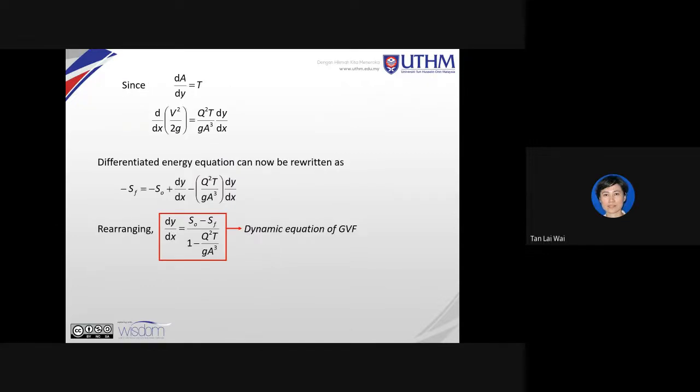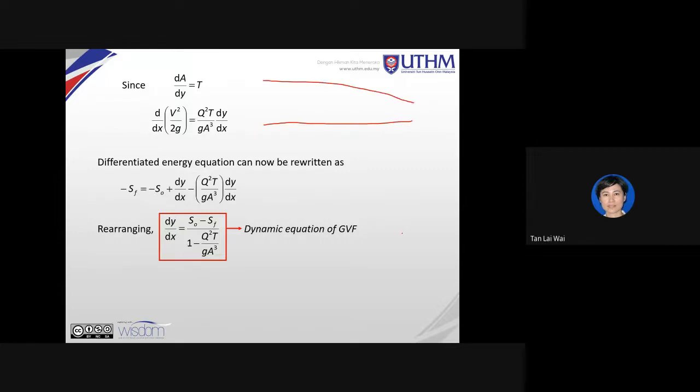Actually, if you go through all the equations and rearrange them, you'll get the dynamic equation of gradually varied flow. Don't worry about this. Now what we are looking at is, here's the thing, we want to analyze gradually varied flow.